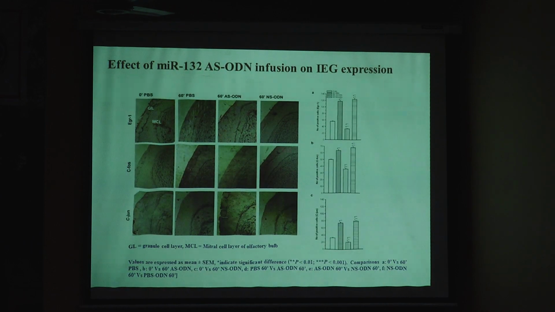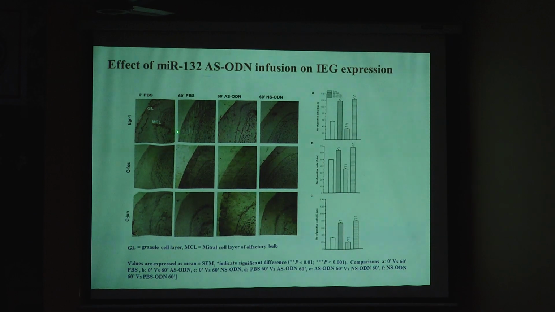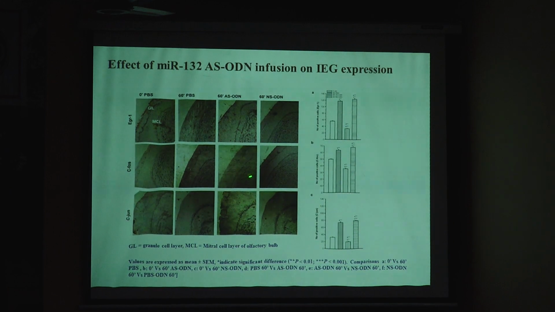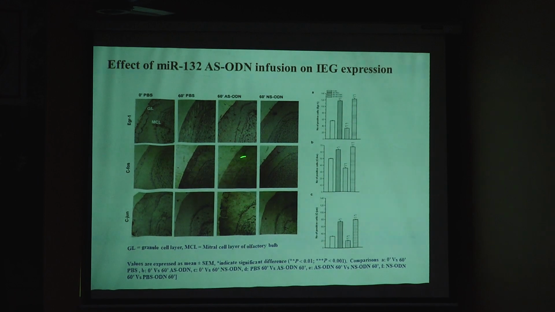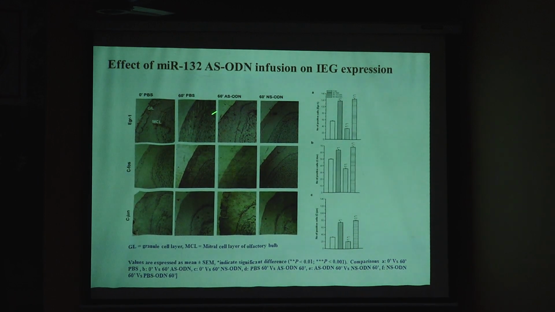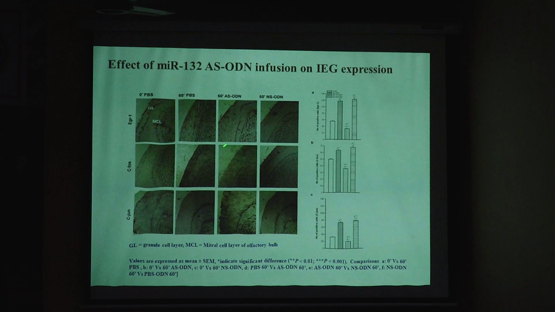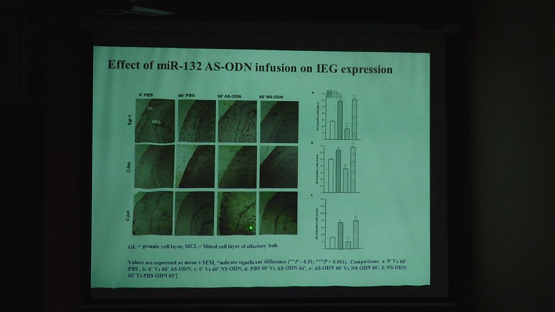So in immunohistochemistry, when we use an antisense oligonucleotide, we pick up all three clusters of immediate early genes, comparing the control and the antisense oligonucleotide. Here you can see that the expression pattern of c-Fos is altered, and also the expression of EGR1 is altered, and also the CG1 expression is modified.